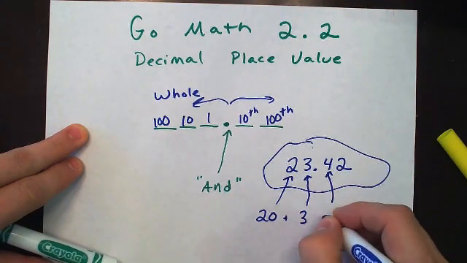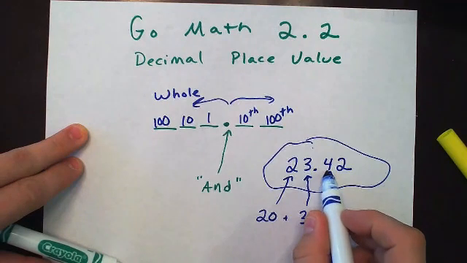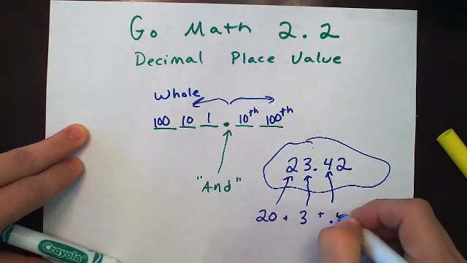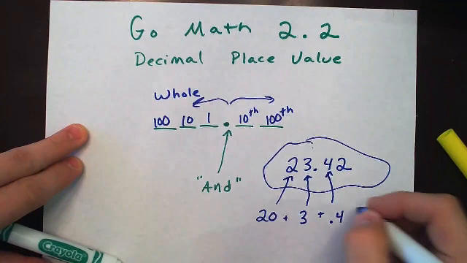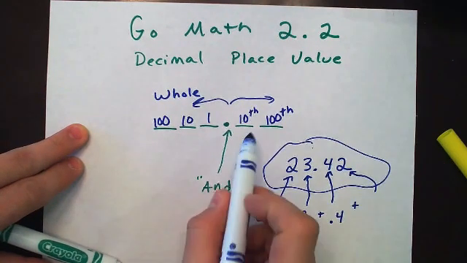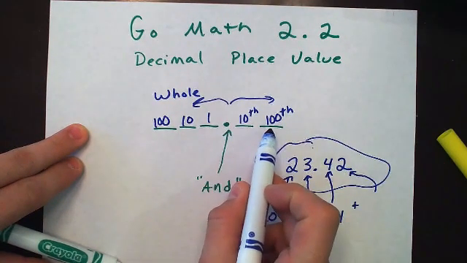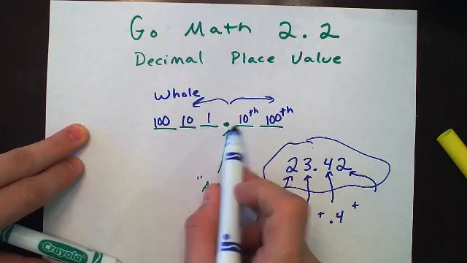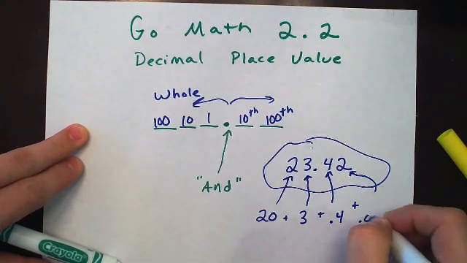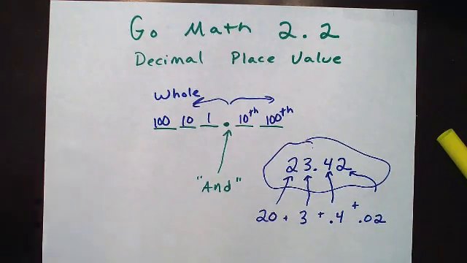The value of this 4 right here is 4 in the tenths place, so it is worth 4 tenths. And then the final 2 over here is the second place behind the decimal. Second place, 2 places past, 2 zeros, is 0.02 or 2 hundredths. So that's the broken up, expanded form as far as place values goes with those.